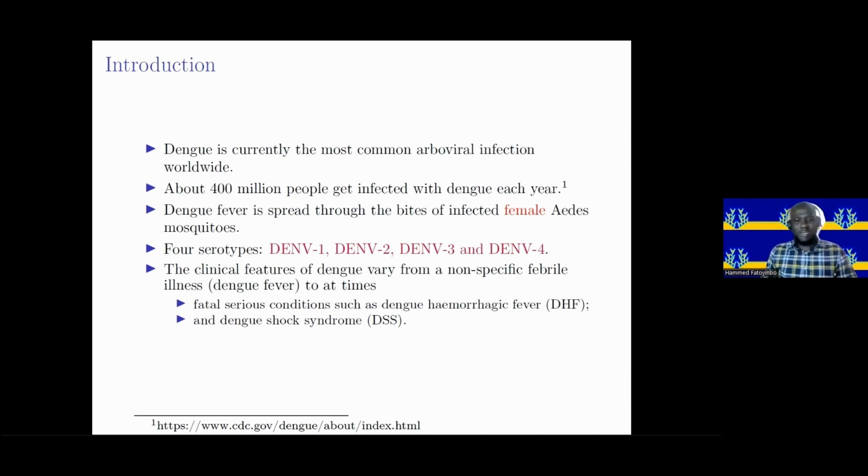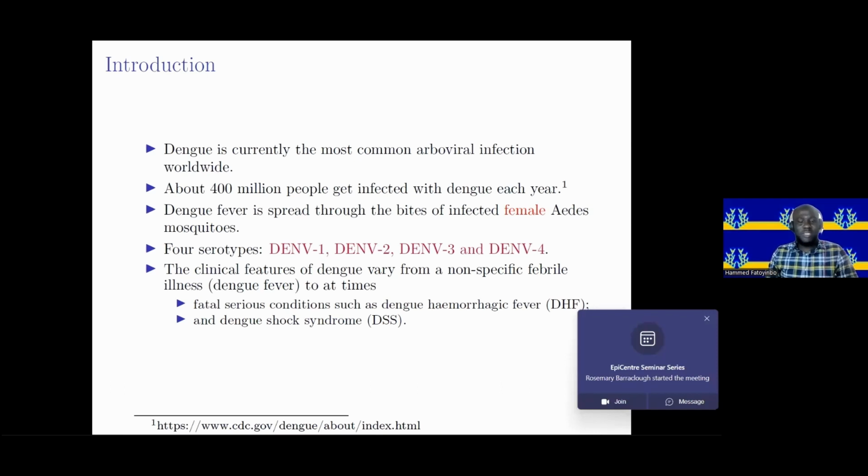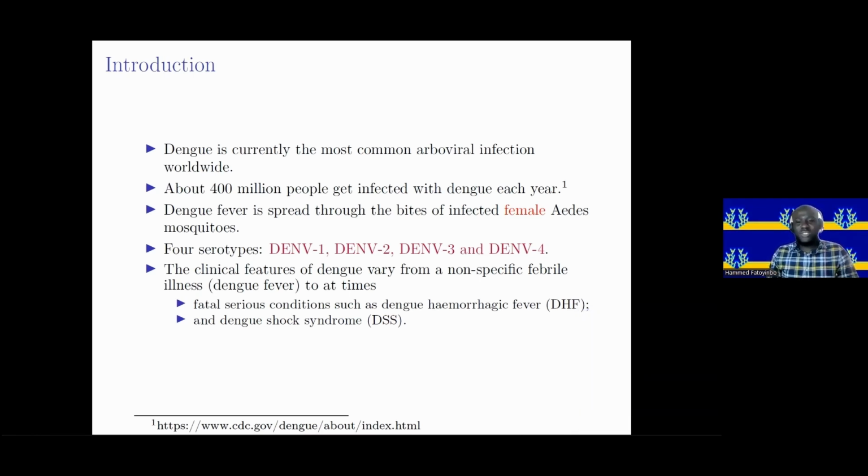There are 4 different strains of dengue fever, dengue 1 up to dengue 4, and there are 3 spectrums of dengue. The first is classified as the primary infection, which is dengue fever itself, and we have the secondary infections, which are dengue hemorrhagic fever and dengue shock syndrome.